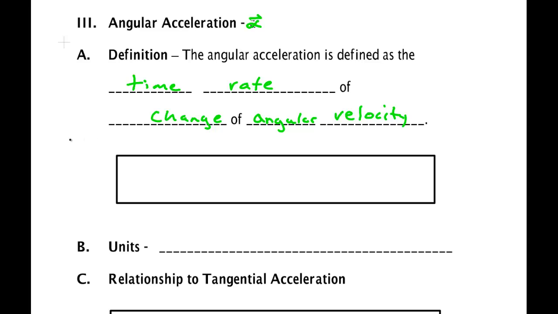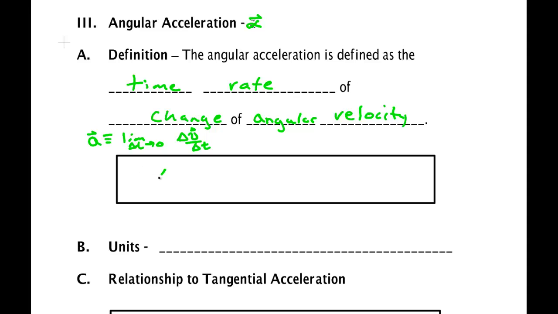So we had that a was the limit as delta t went to 0 of the change in the velocity over the change in time, back in linear land.